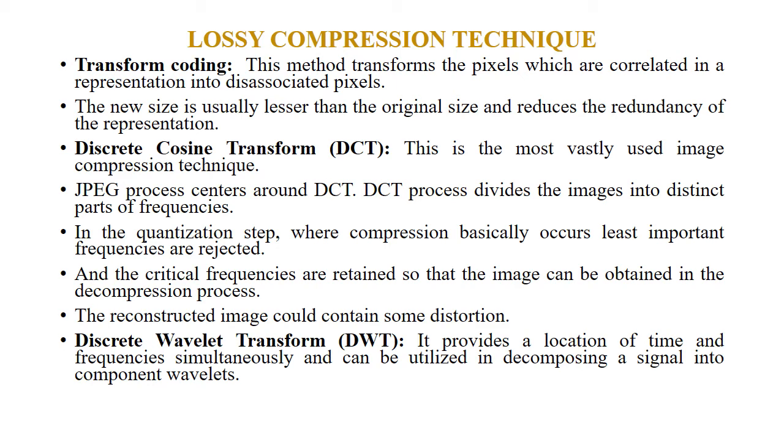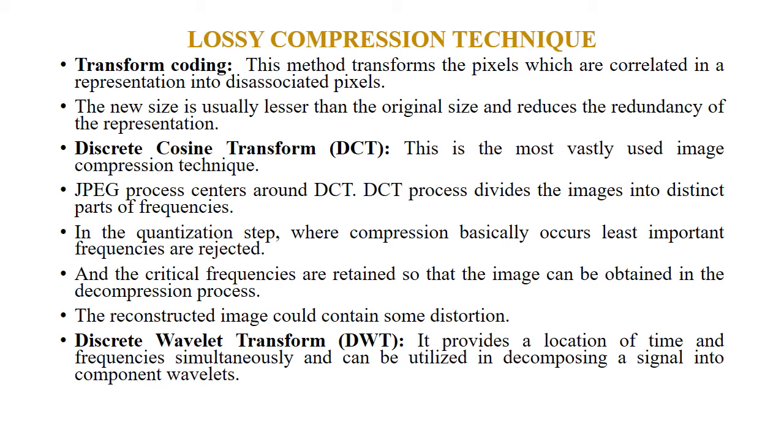The reconstructed image could contain some distortion, definitely, because we lost some redundant data. The psychovisual redundant data is removed with this transform coding technique. That's the reason the reconstructed image, that is the decompressed image, gets degraded in quality as compared to the original image.